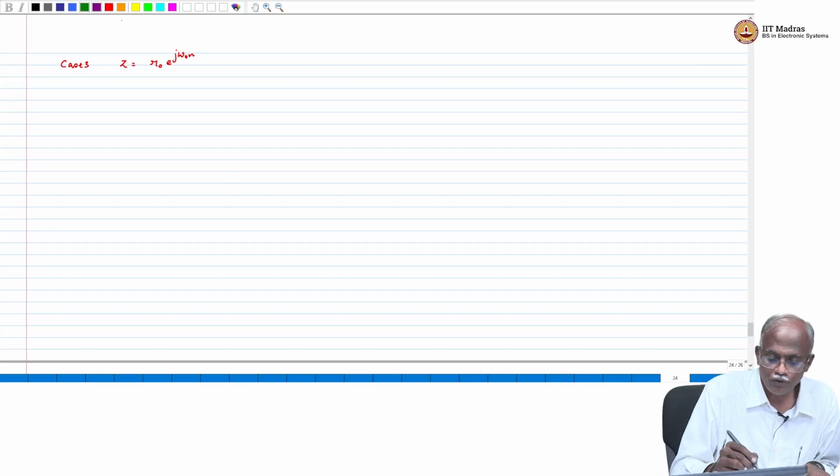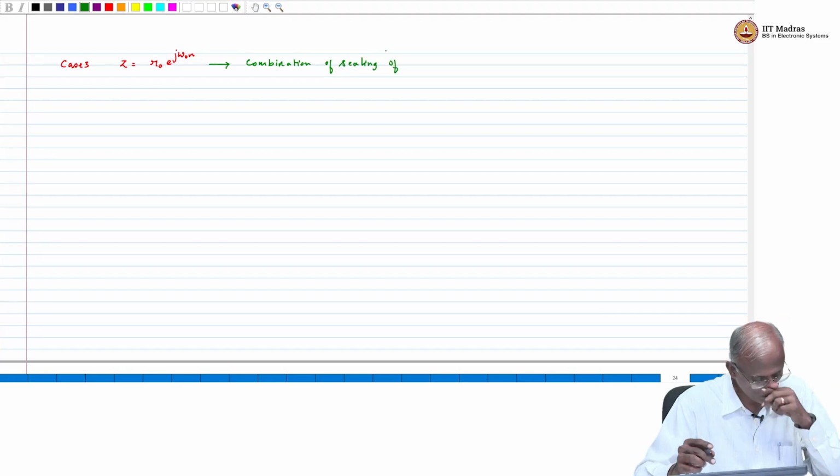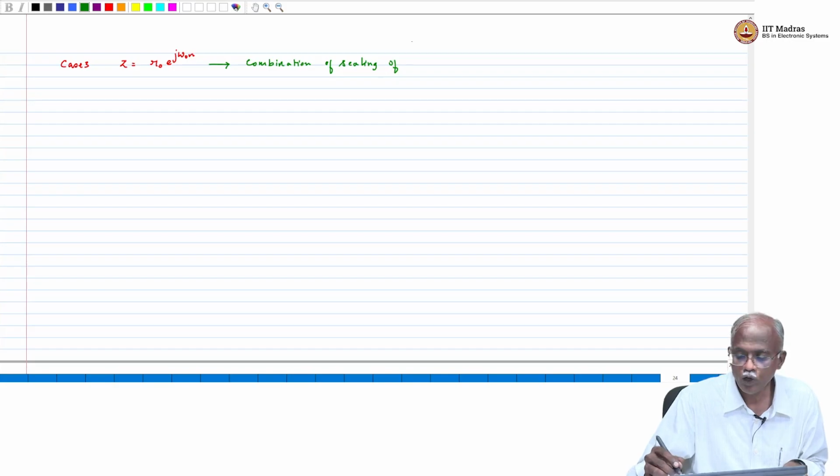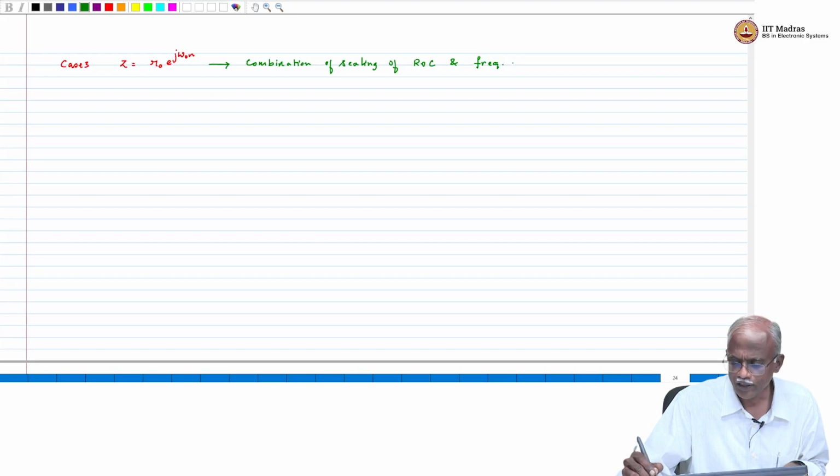Okay, so what you find here is a combination of scaling of z, scaling of the ROC because of R naught, and there will also be a frequency shift because of the e power j omega naught n.